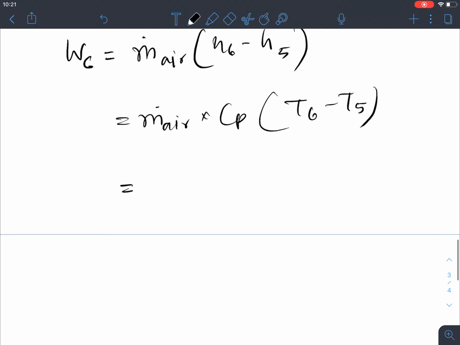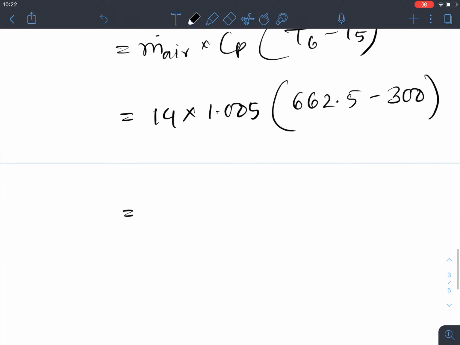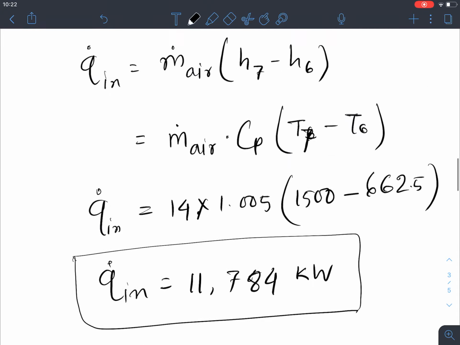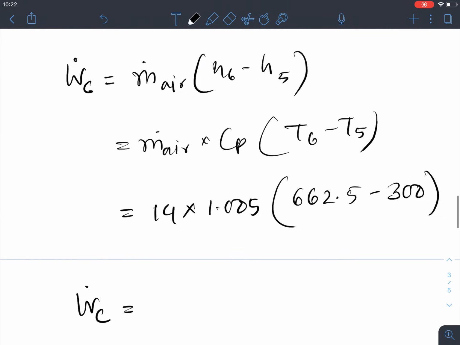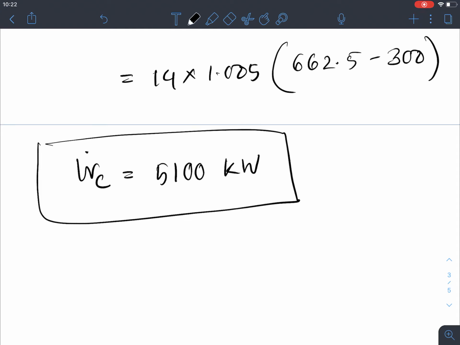We know all of this information: 1.005 times T6, which we just got, 662.5, minus the inlet temperature of 300 Kelvin. So the WC would be 51,000 kilowatt, right? We have Q in and W in, both of them.